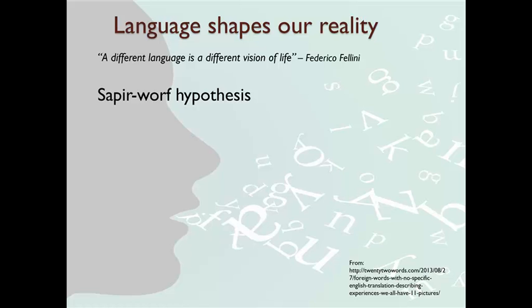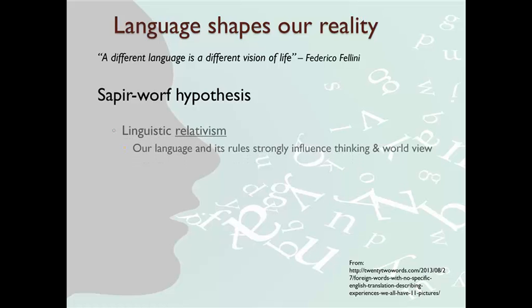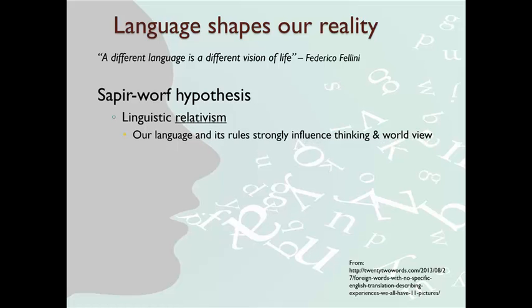As we talked about culture and preserving your language, language really shapes our reality. So I have a quote here that says, "A different language is a different vision of life." And this is the idea that the words within our culture reflect and reiterate our cultural values. So we have the Sapir-Whorf hypothesis, and there's a couple versions of this, but the version that we'll talk about is called linguistic relativism.